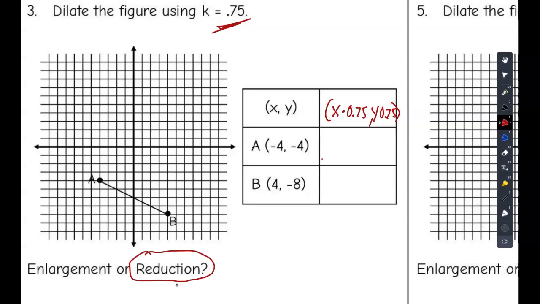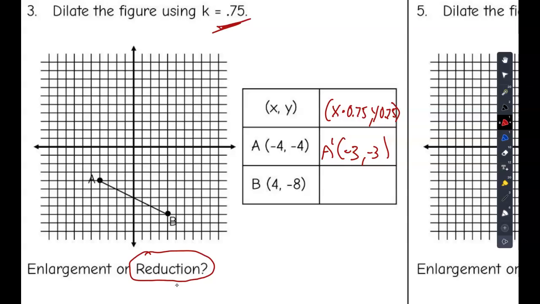Look at A prime and write down what you believe you would get when you multiply -4 times 0.75. If you put -3, -3, that'll be correct.